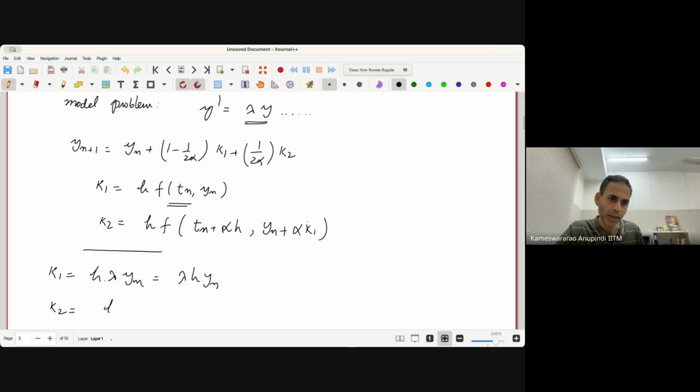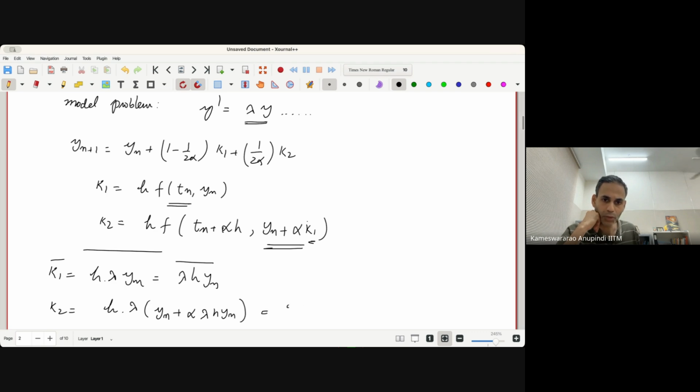Similarly, I can write what k2 is. K2 equals h times f of tn plus alpha h comma yn plus alpha k1. So that is nothing but lambda y, that is the function, but y is now yn plus alpha k1. So this is going to be yn plus alpha times k1, and k1 is again nothing but lambda h yn. Okay, so that is my k2.